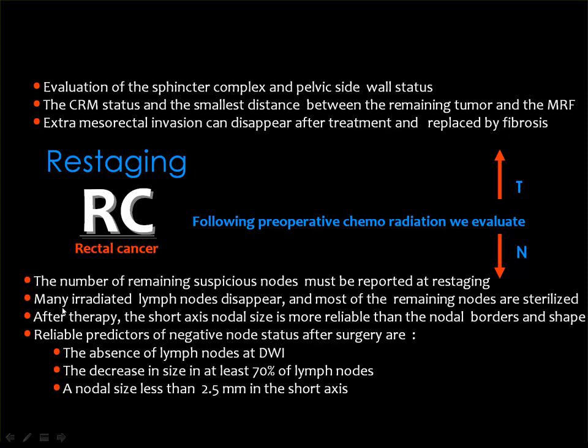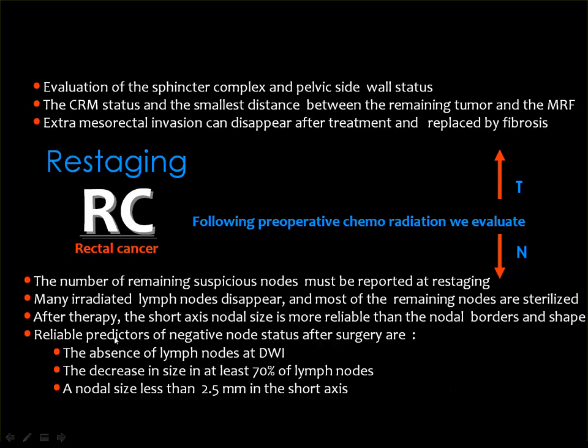According to the literature, many of the irradiated nodes disappear, but most of the remaining nodes are sterilized from the tumor cells. After therapy, the short axis nodal size is more reliable than other features, the border and heterogeneity.